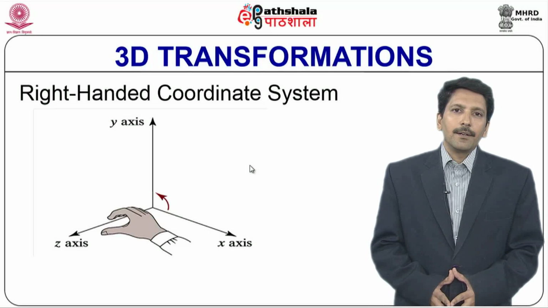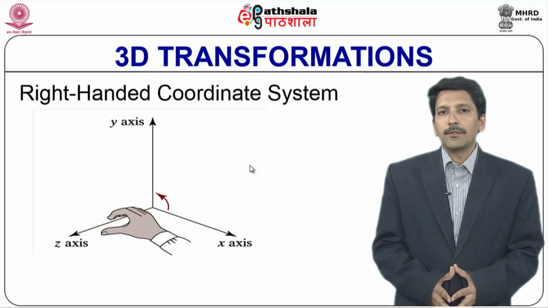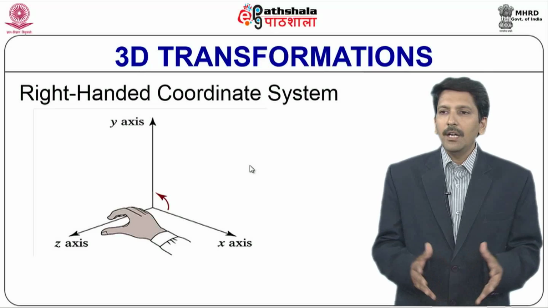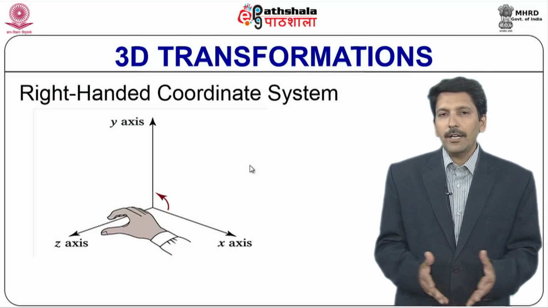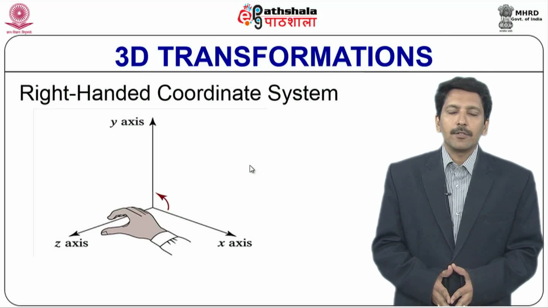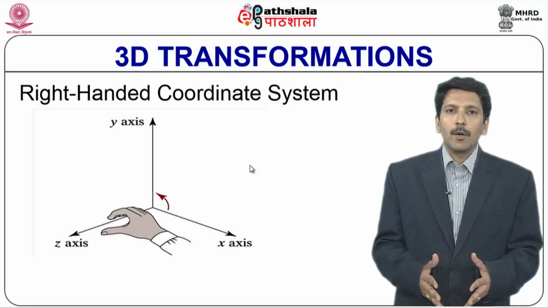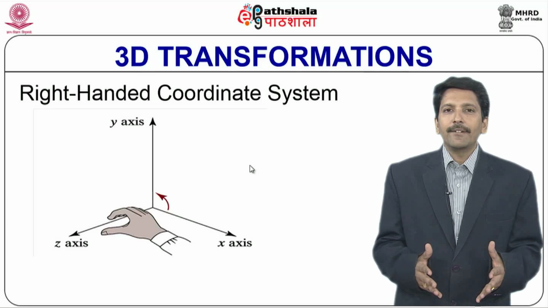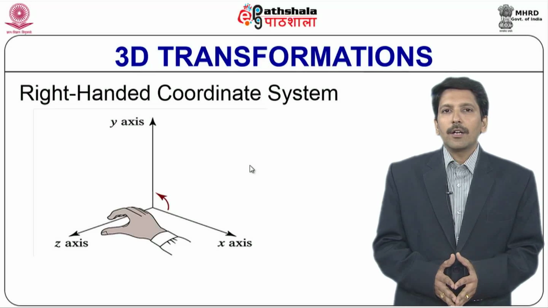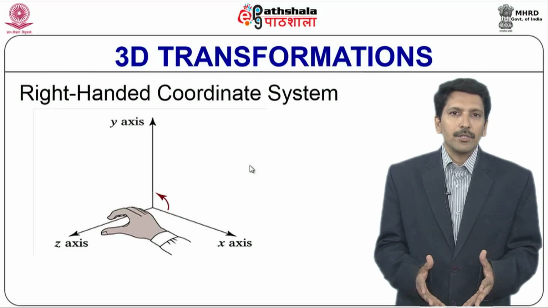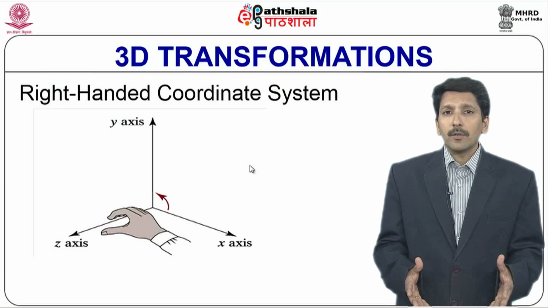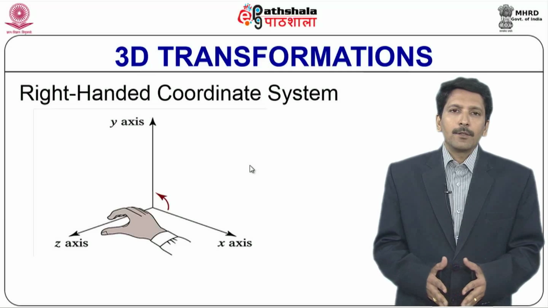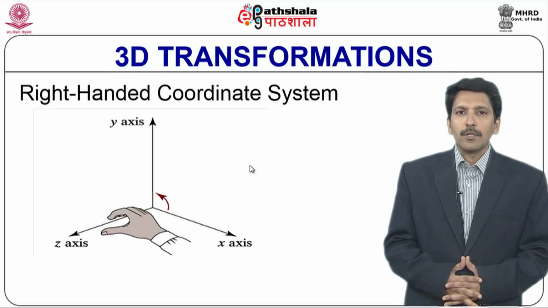Let us take a coordinate system in the 3D world. As we know, a coordinate system in the 3D world is made up of three coordinate directions, or three mutually perpendicular directions, which are x, y and z. Now we know that we can imagine the coordinate system at various positions and in various orientations and so on. So for this we need to know some conventions.